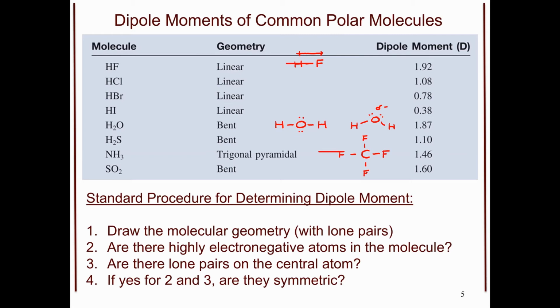So while I drew the Lewis structure, that can help produce this, but if I also draw it in the molecular geometry, you are going to see that it is pulling opposite and equal, and the individual dipoles coming from the bonds are going to cancel themselves out. So here is my carbon tetrafluoride. Notice that the pull is opposite and equal. So this would be a molecule that has polar bonds, but is a nonpolar molecule.